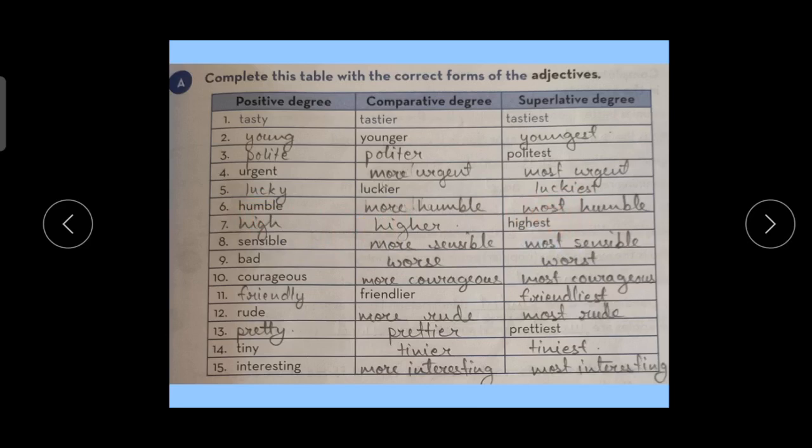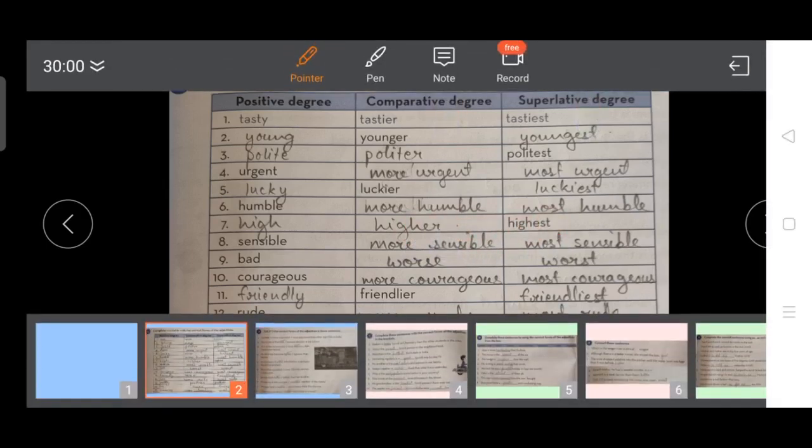Dear students, we also read in our video on how to make the comparative and superlative degrees. I taught you that there are some adjectives which require more and most to be added to them so that we can form the comparative and superlative degree.